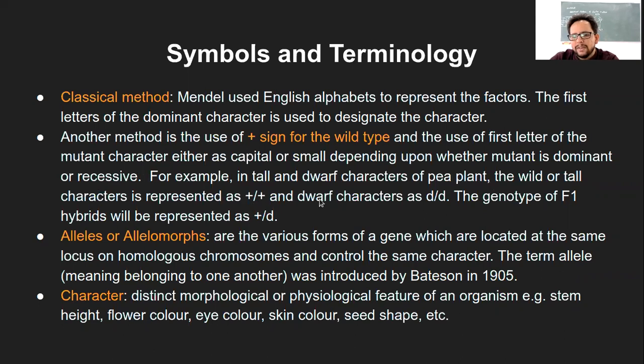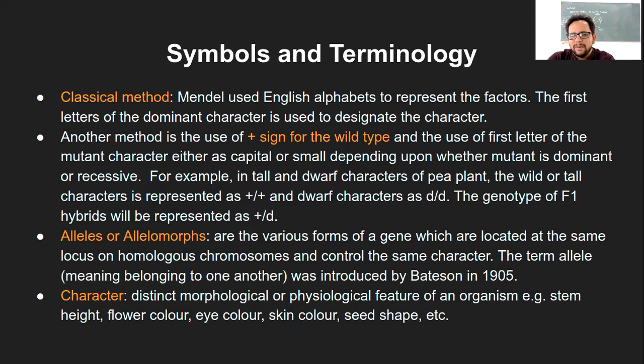And if it is the dwarf character, that is homozygous recessive, that will be small dd. And when it is heterozygous, that will be indicated by plus, which is dominant, and d. So plus oblique d is the heterozygous individual. This is just another method to represent the genotypes of a particular organism.